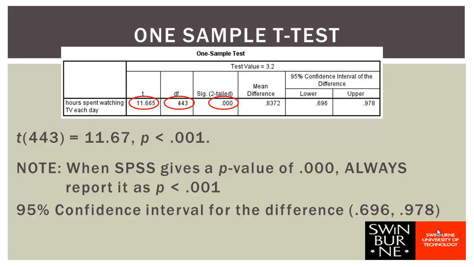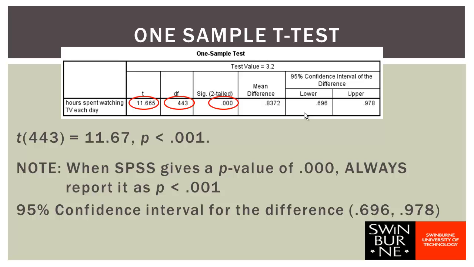Now, that's consistent with this 95% confidence interval for the difference. Here, we're 95% confident that the mean time spent watching TV for Australian university students is somewhere between 0.7 hours more and approximately 1 hour more than for the Australian population in general.